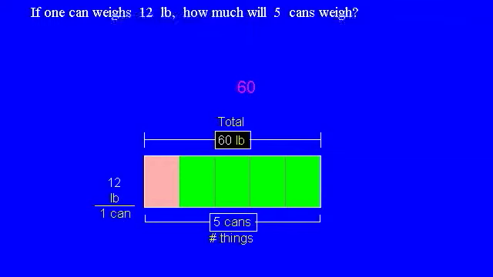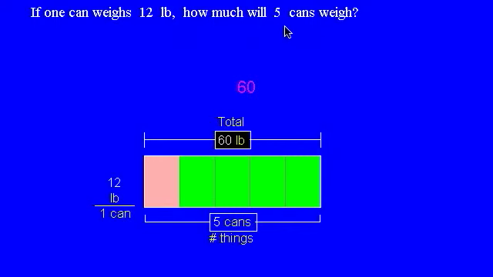Multiplication and division are the hardest to distinguish, but in those problems there are 2 names. For example, here if one can weighs 12 pounds, how much will 5 cans weigh? So you have 2 names, cans and pounds. So in those cases there are 3 numbers.